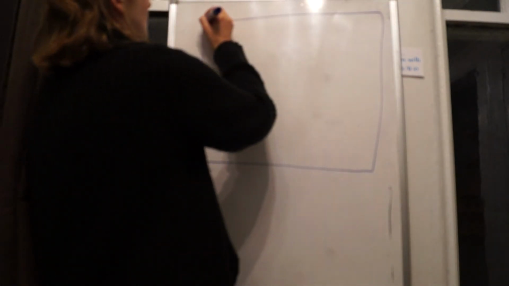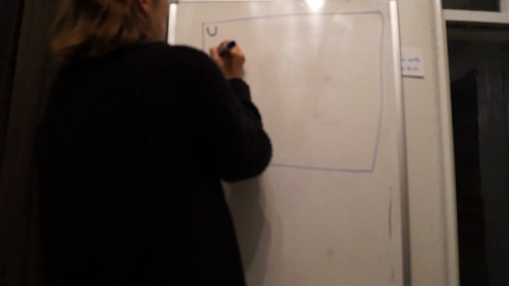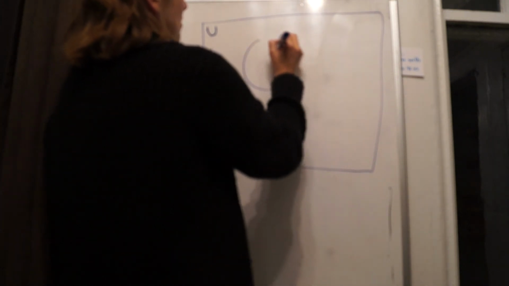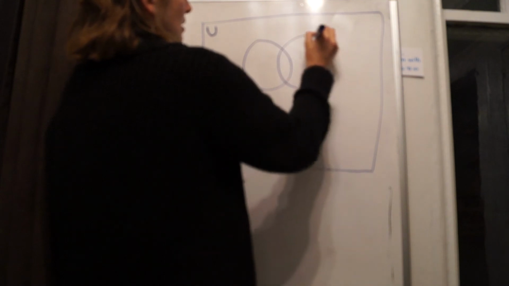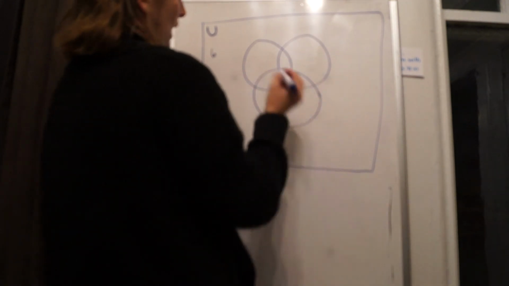The last thing in this section hopefully is really familiar, and it's a Venn diagram. So this Venn diagram is also going to have that U for the universal set. That's the whole picture. And then it will have some amount of circles that overlap.